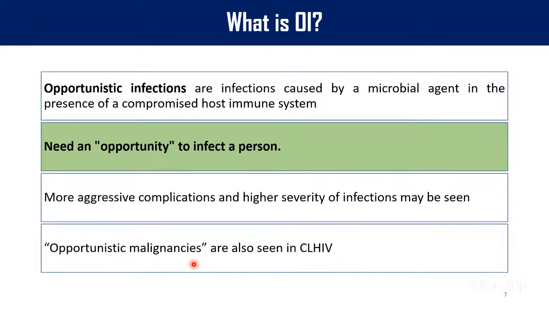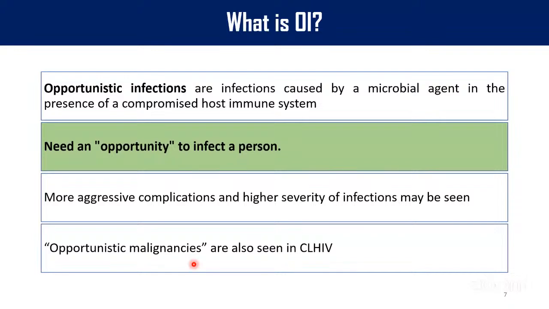But sometimes a common infection in an immunocompetent host may have a self-limiting course and will not cause much of an issue. Whereas in these children with suppressed immune function, the common infection can lead to severe, catastrophic consequences.